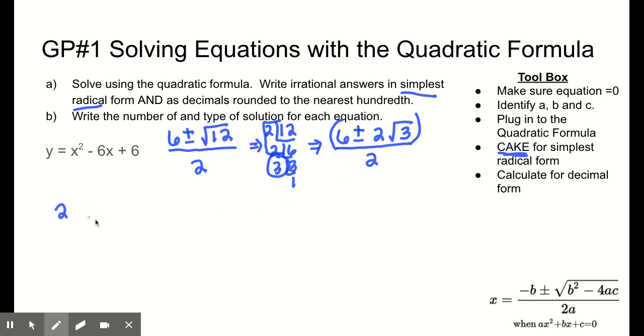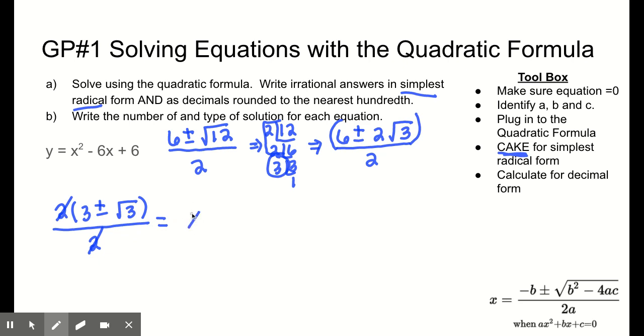So we're going to factor out that 2, and it's going to leave us with 3 plus or minus, and then 2 divided by 2 would give us 1 radical 3, which is just radical 3. Then at this point, we can simplify by dividing these 2's out, leaving us with an answer of 3 plus or minus the square root of 3.